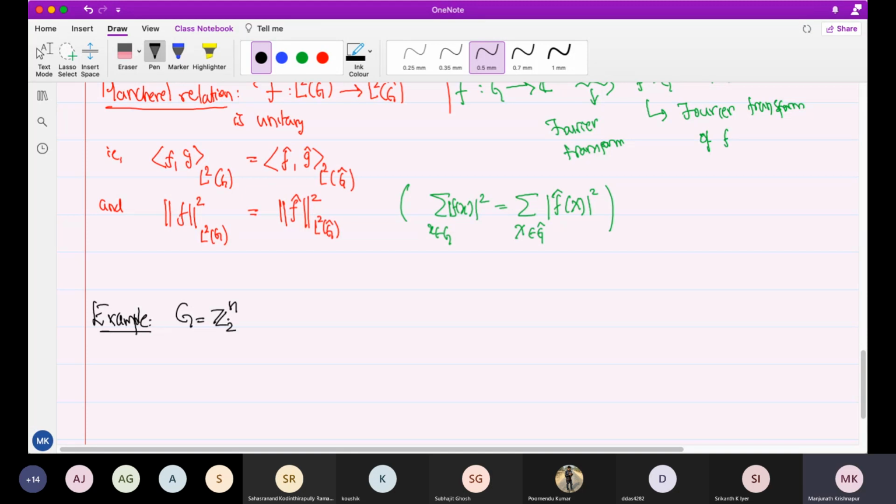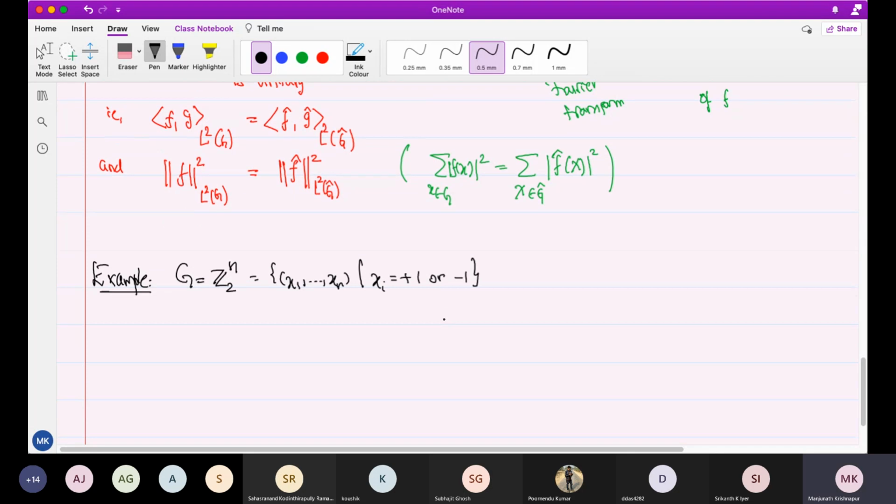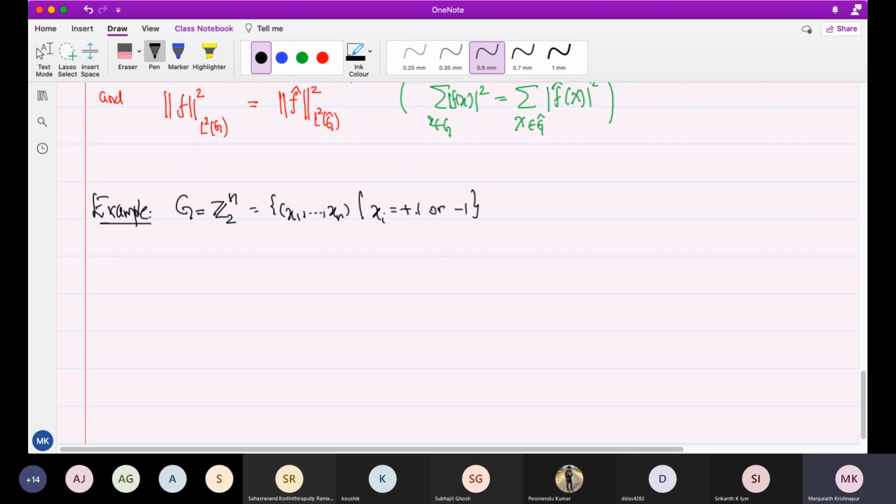G is Z2 product with itself n times, Z2 to the n. If you want, it is all x1 up to xn, where each xi is plus 1 or minus 1. Of course, you can use 0 and 1, but let me use minus 1 and 1; it's easy to flip between these.